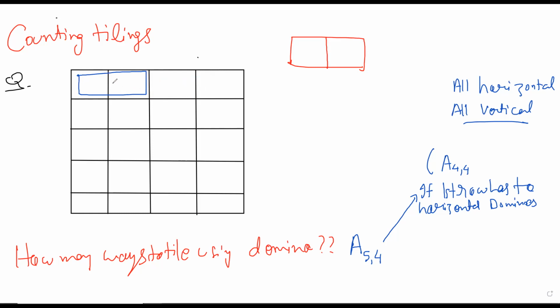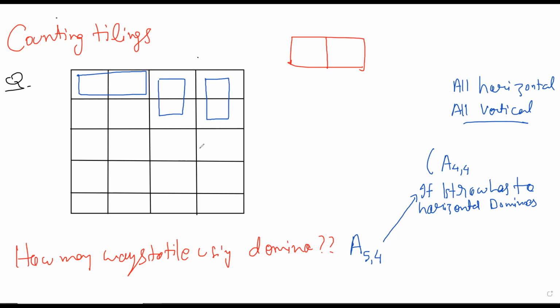You first put a horizontal one and you put another horizontal one. This is one way to start. Another way to start is you put a horizontal one and then you put a vertical one. When you put that vertical one, then you are forced to put another vertical one.